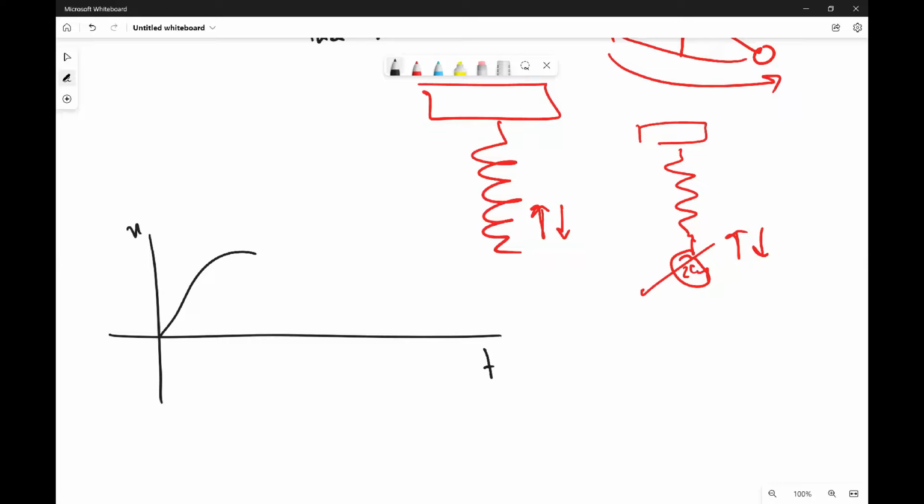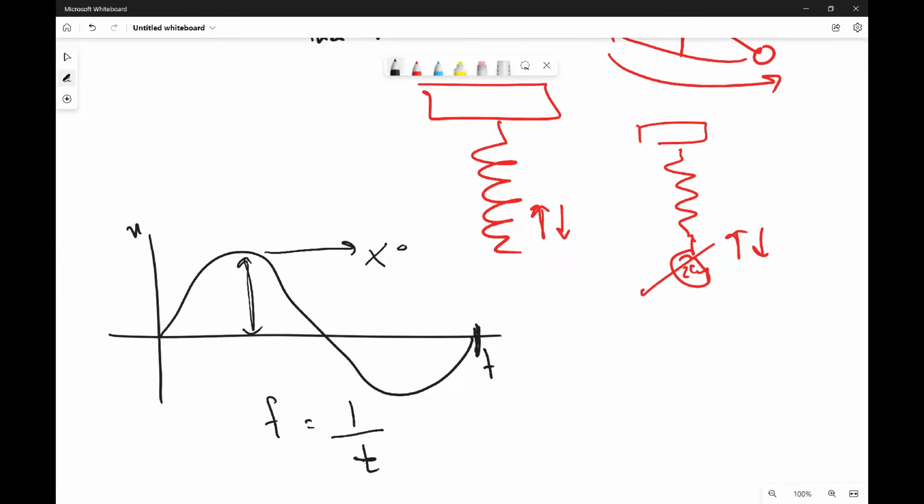Now inside this you see this is the amplitude, x naught is the maximum displacement, and this is the time period of this one graph, one complete motion till this point. If you want to calculate frequency, frequency is 1 over time period. So you get the time period, whatever the numbers will be on the x-axis, you divide 1 by it, you get the frequency. This capital T is always the time period.